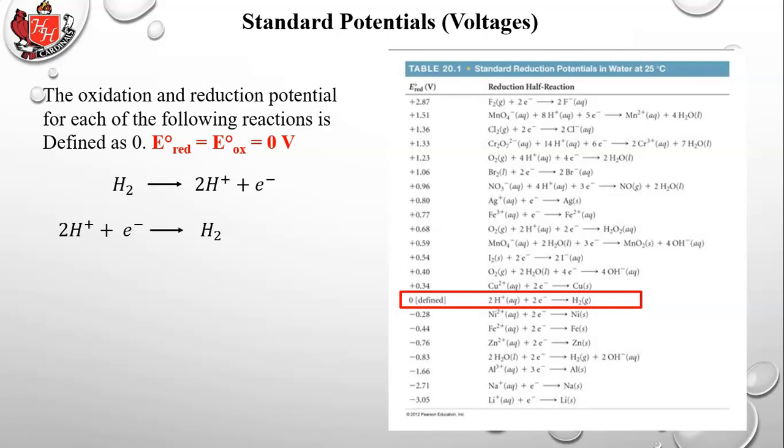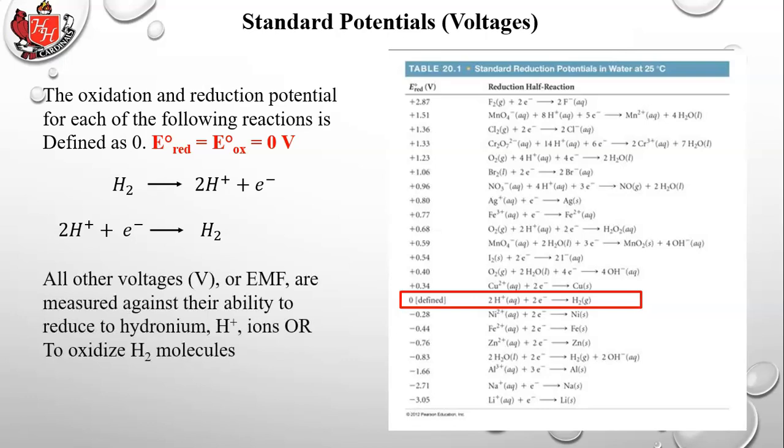So hydrogen is the standard by which all the other potentials are measured. All other voltages, or EMF, are measured against the ability to reduce to hydronium H plus ions or to oxidize H2 to H plus ions. So those are both considered to be 0 volts for hydrogen.